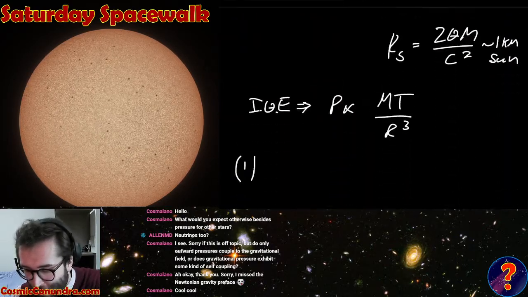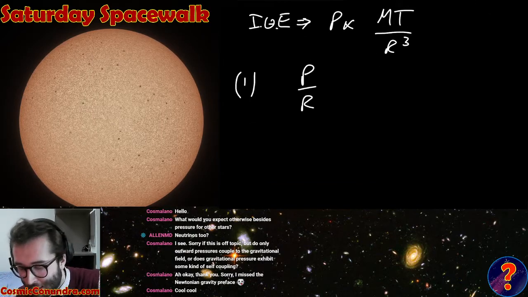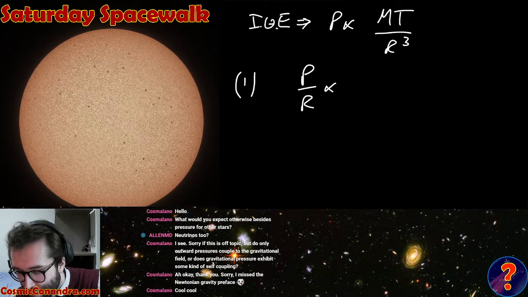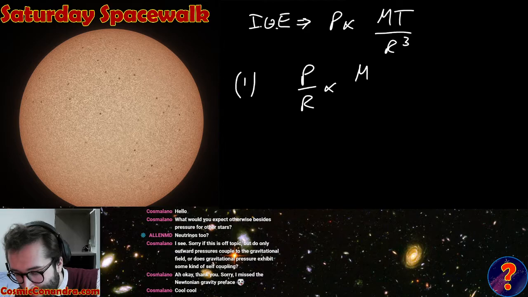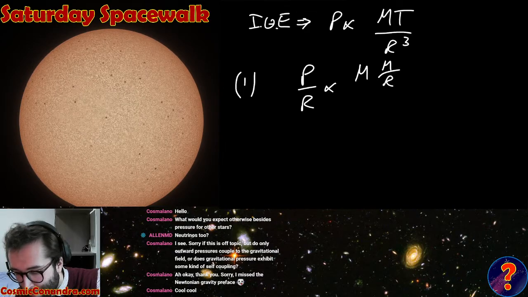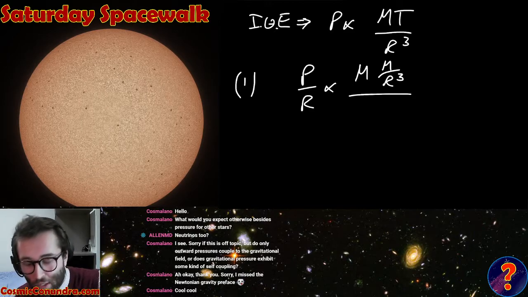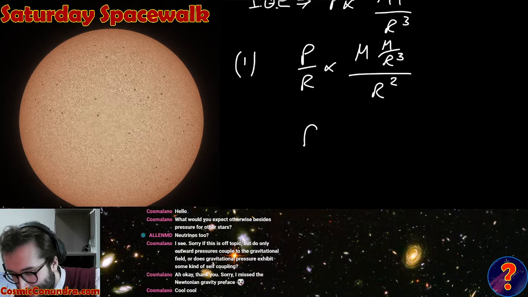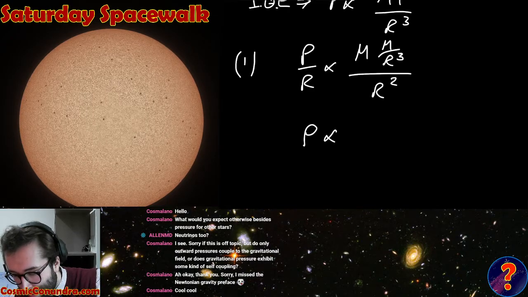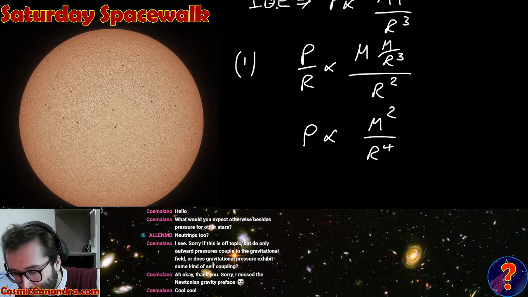So putting all this together, we have P over R for the dP by dr term is proportional to mass, and then it's mass times density, so a mass over radius cubed, and the whole thing in the hydrostatic equilibrium equation is all over R squared. So that gives us pressure is proportional to m squared over R to the fourth.